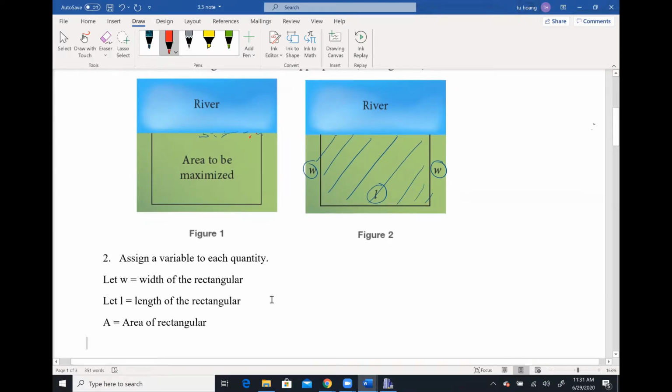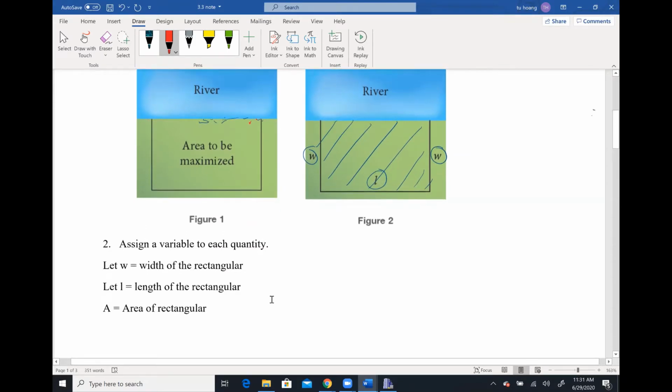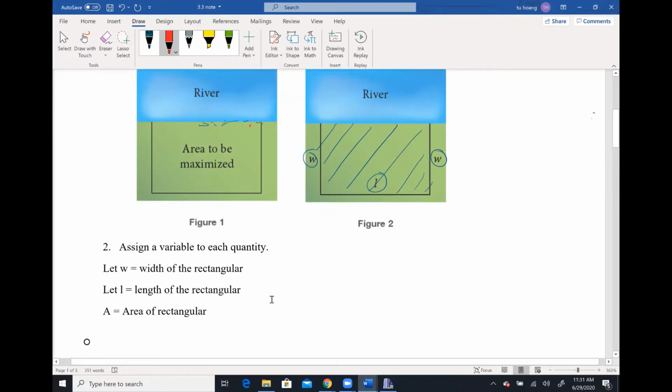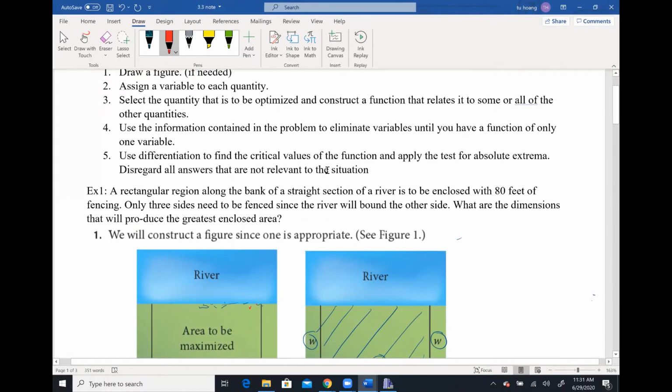Okay, and because it is a rectangle, you will select the quantity that is to be optimized and construct a function that relates it to some of the other quantities.